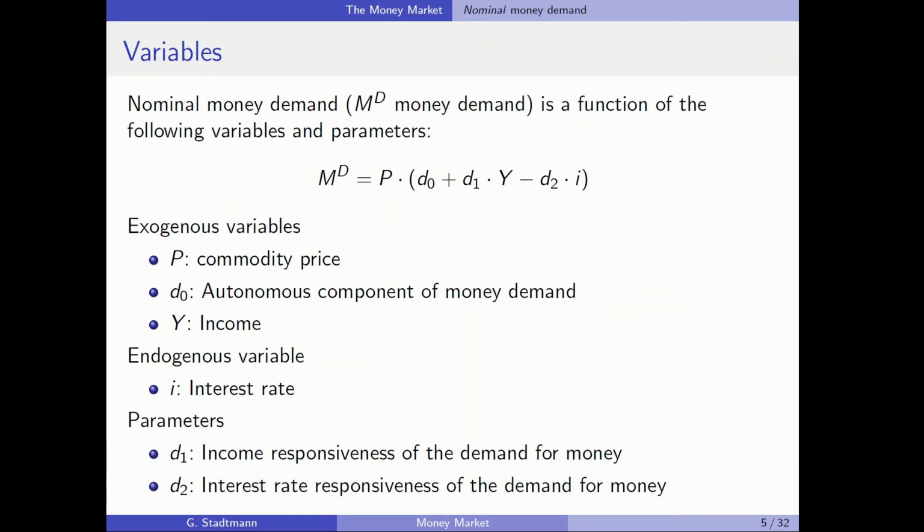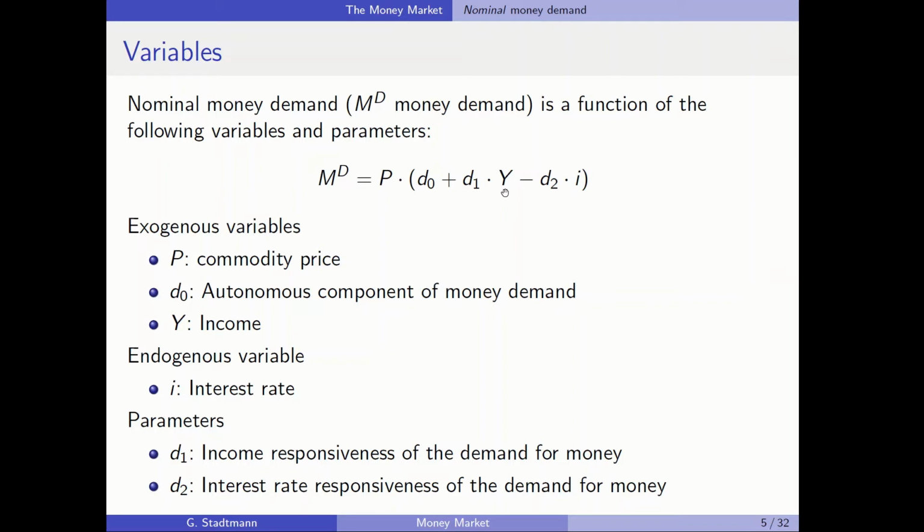D1 is the income responsiveness of the demand for money, and D2 is the interest rate responsiveness of the demand for money. When you look into this equation once more, these two parameters link one variable with the function.